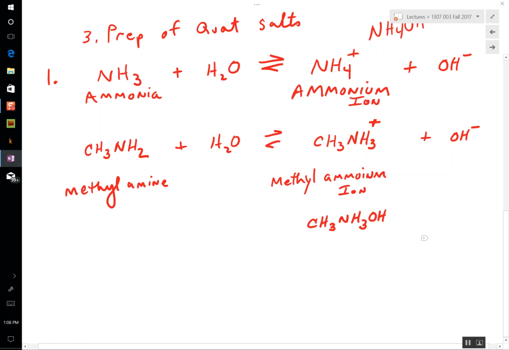You could have, let's say, 3% ammonia and 97% water. You're going to get a little bit of this, but you got a ton of water there. It's shifting the equilibrium this way a little bit. That's a good question.